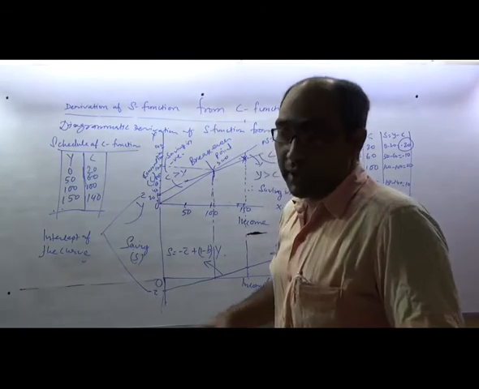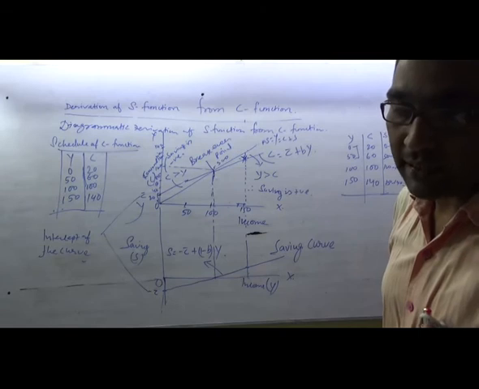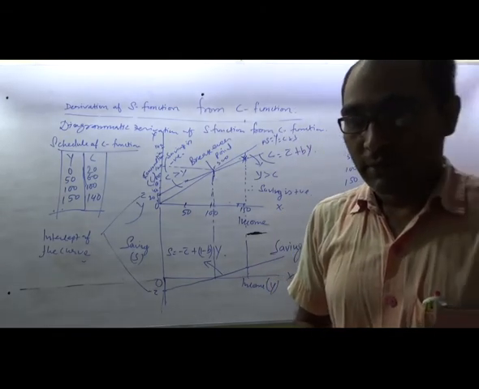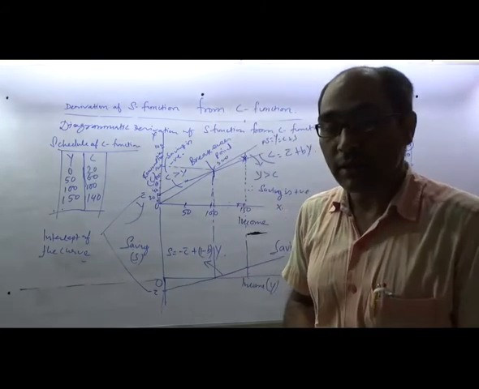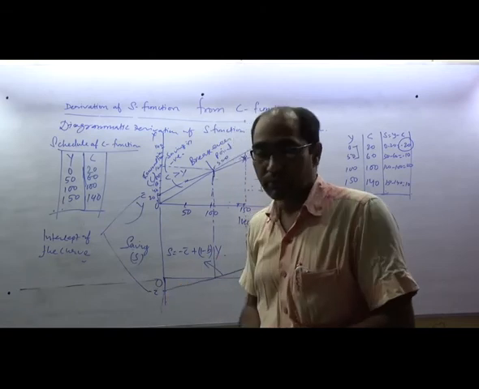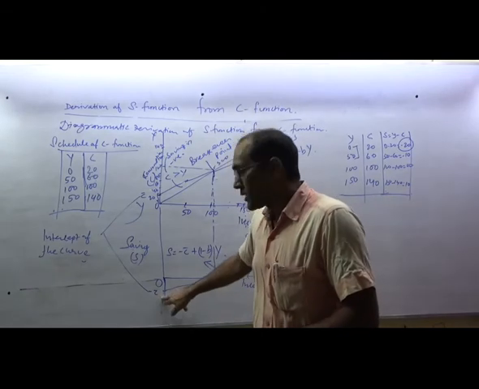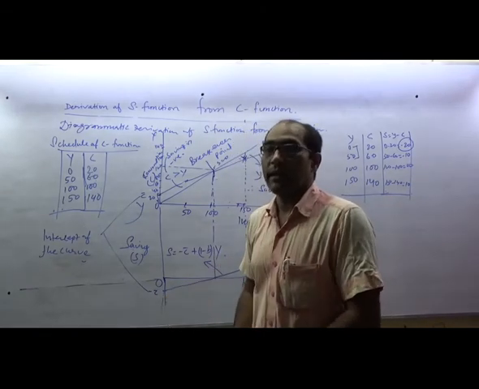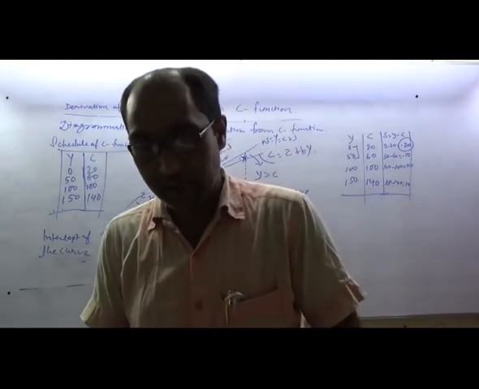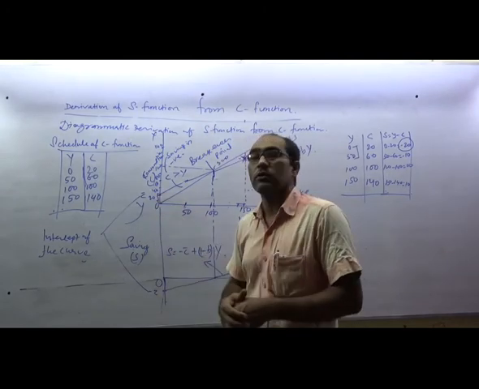See, you need to focus on 3 points. First, the S line starts from the point which indicates the value of autonomous saving, at the level of 0 income. It is the intercept of the saving curve, and the value of autonomous saving at the point of intersection is the same as the value of autonomous consumption but with a negative sign.